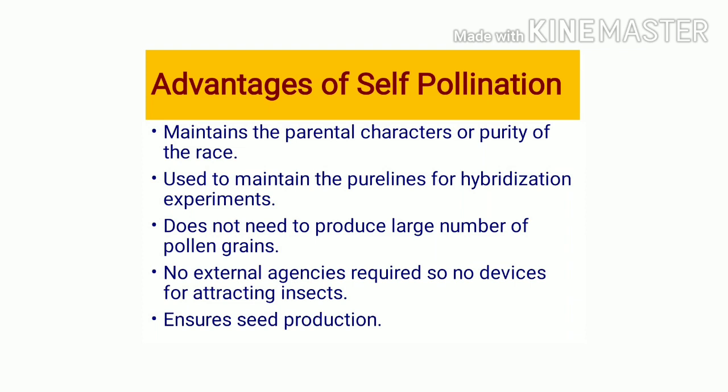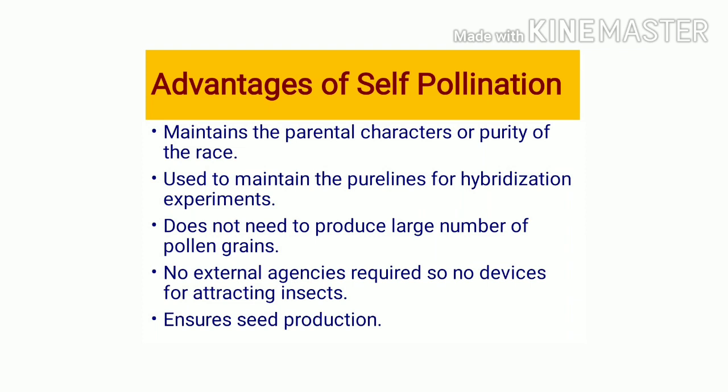So much energy is not required for self-pollination. This is another advantage. Then the flowers do not need to develop any kind of devices to attract insects. This is the other advantage of the self-pollinated flower, that no devices are required to attract insect pollinators.